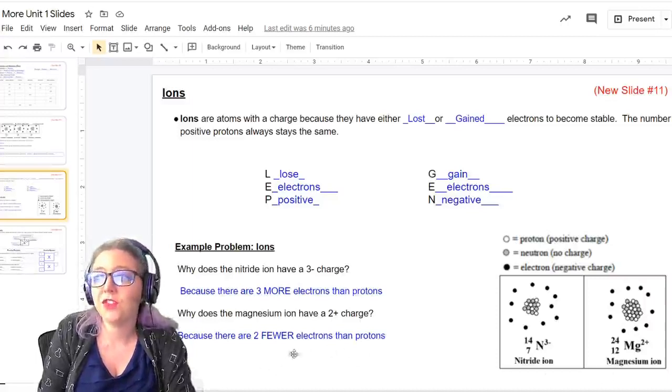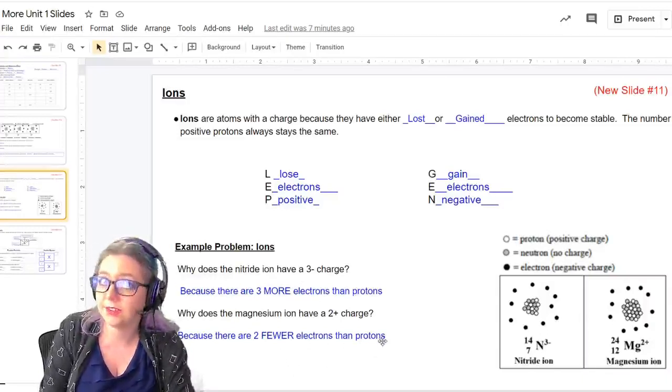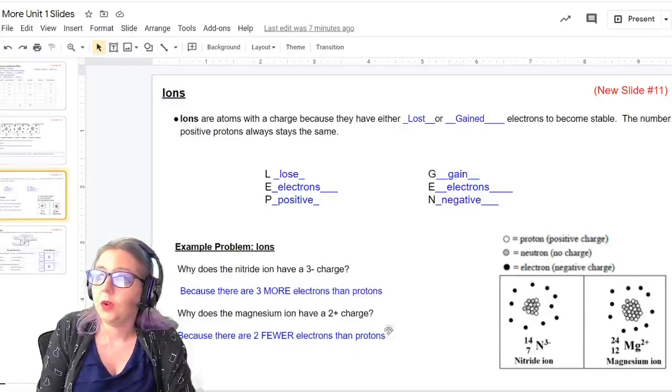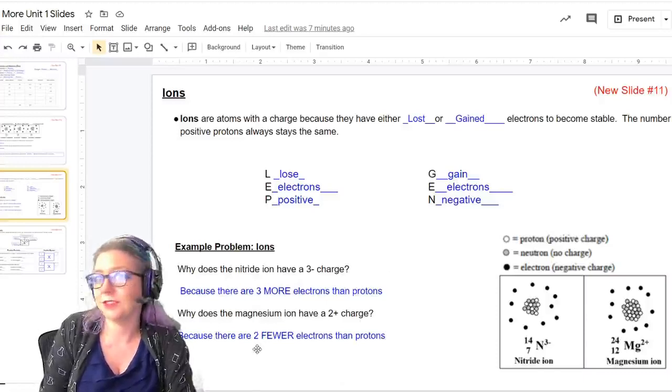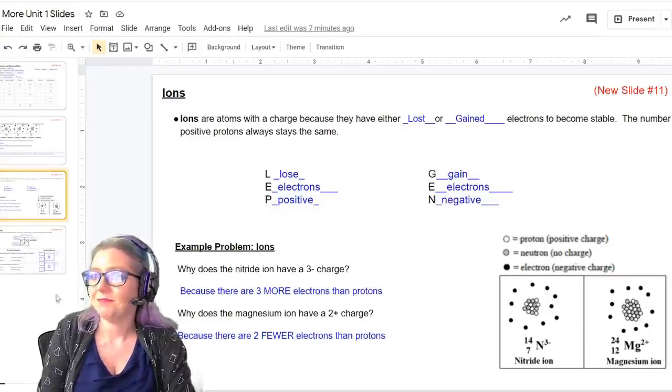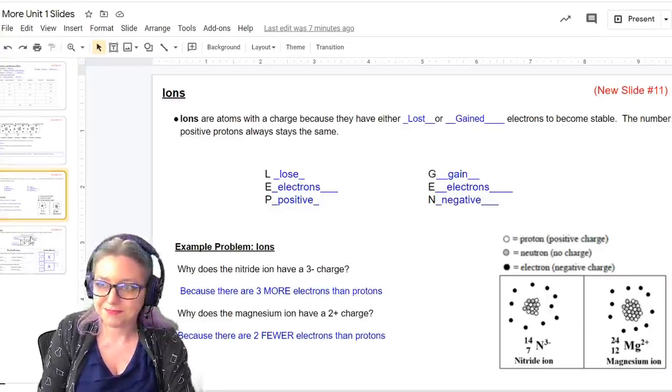I have 2 fewer electrons than protons. And I'm very careful with this wording. More electrons than protons and fewer electrons than protons. I can change my electrons. I can't change my protons. When we start working more and more with ions, you're going to start to notice there are some patterns you start to recognize. That's all I'm going to say for that about now.